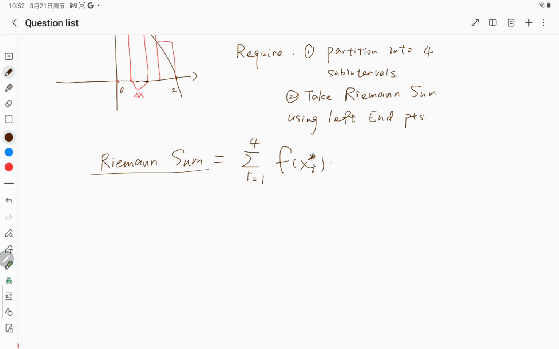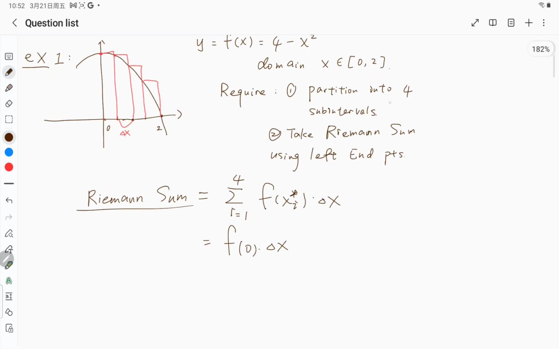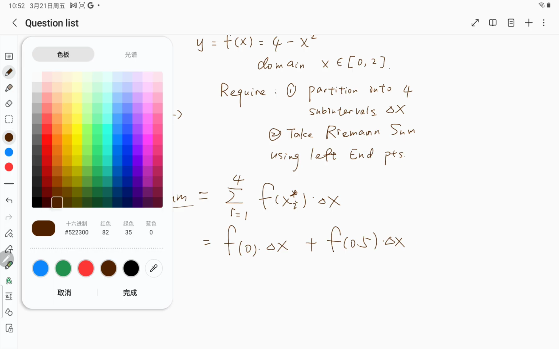Okay, what is f(x_i*)? I already told you it's a left endpoint, right? So it's like f(0) times delta x. And what is delta x? You can actually calculate delta x using the formula that we have, right? And then plus f(0.5) times delta x, right? It's the second interval. So we partition into 4 subintervals, so 0, 0.5, 1, 1.5, and so on, right?